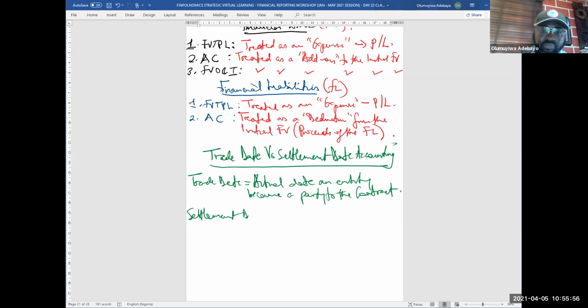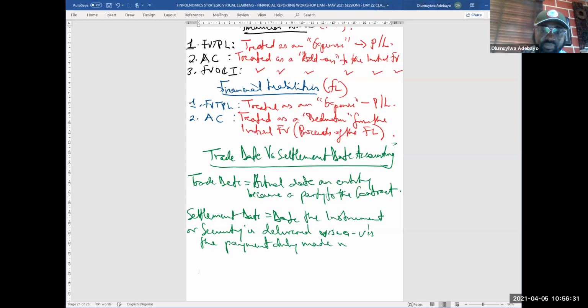Settlement date is the date the instrument or security is delivered vis-a-vis the payments duly made upon receipt by the other party. What does that mean?